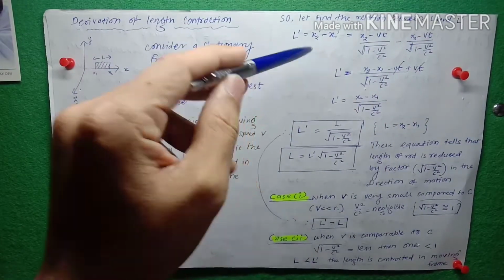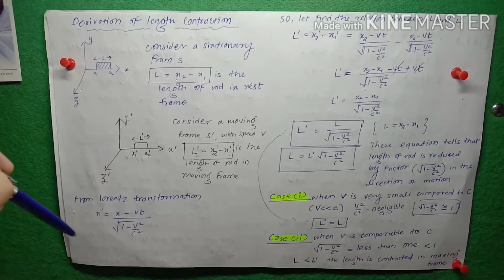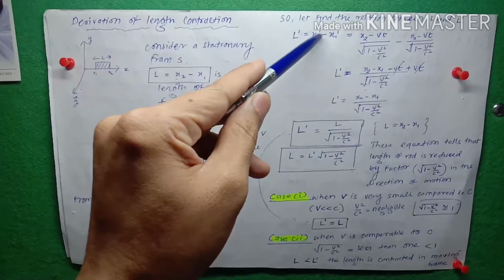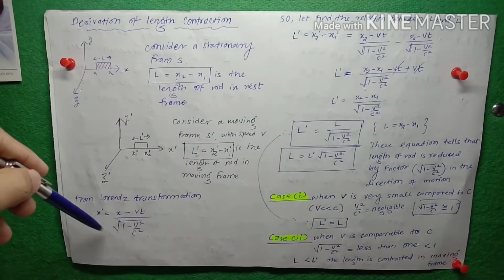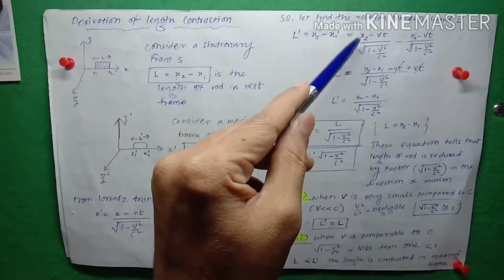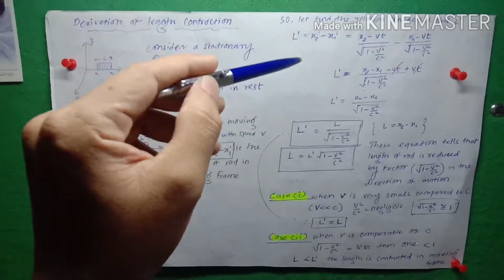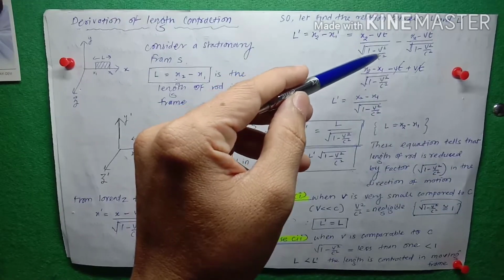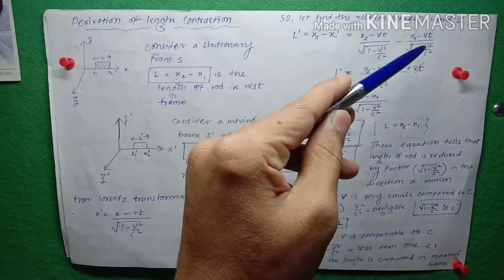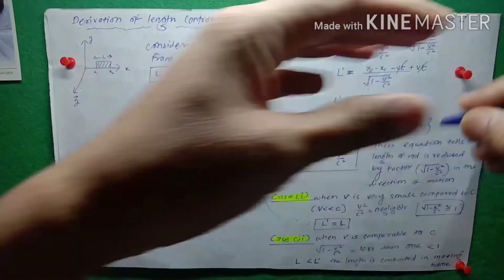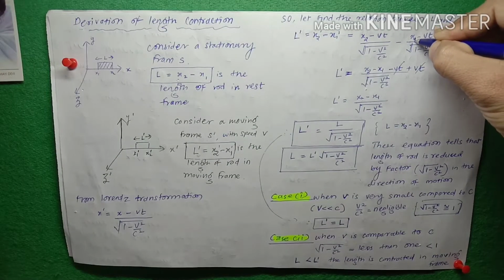After substituting the Lorentz transformation to go from one frame to the other, we will get this equation. What is x2 dash? By using this equation, x2 dash will be (x2 minus vt) divided by the root of 1 minus v square by c square, minus x1 dash, that is, sorry, this is supposed to be x1.